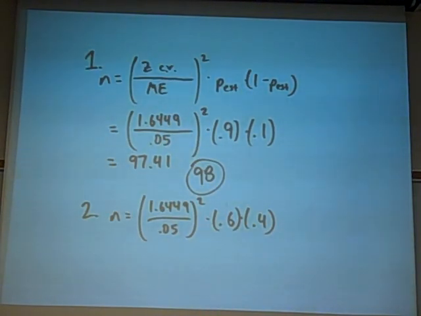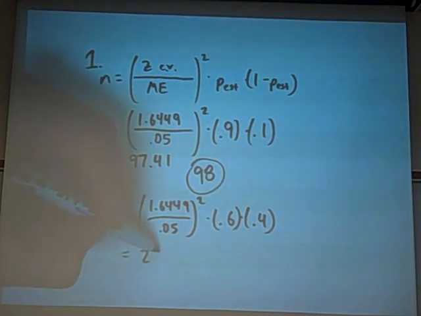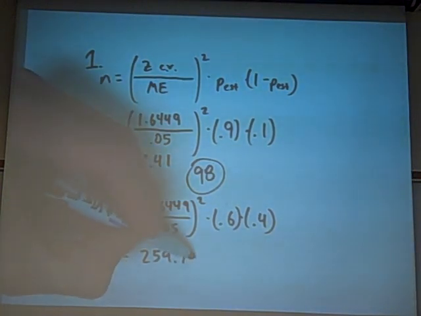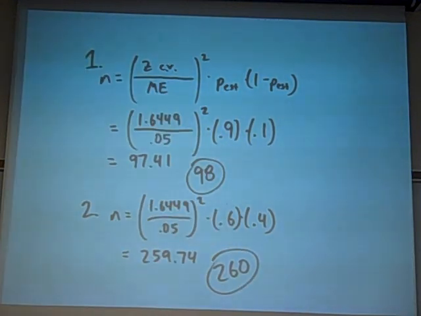Why would it be 0.4? Because 1 minus 0.6 is 0.4. Does that make sense? So you get 259.75. And so maybe we should round that up to 260 people.